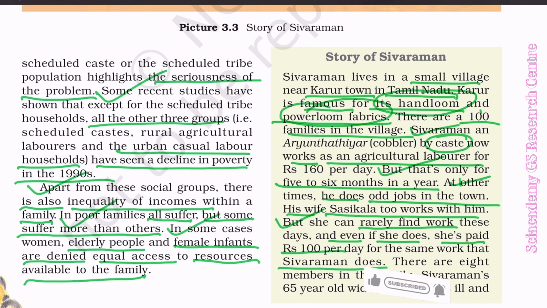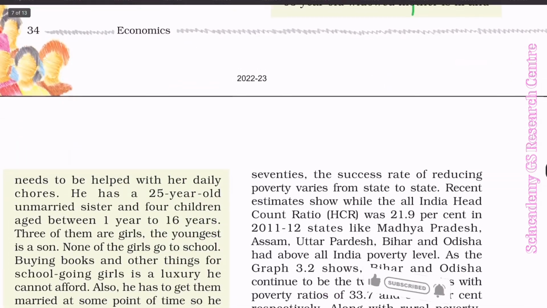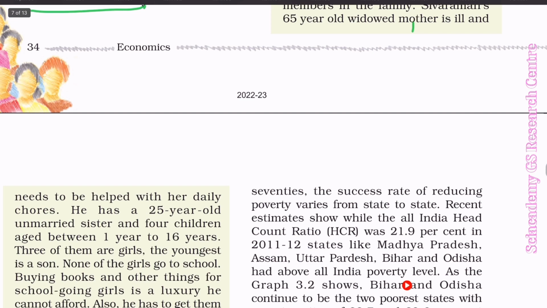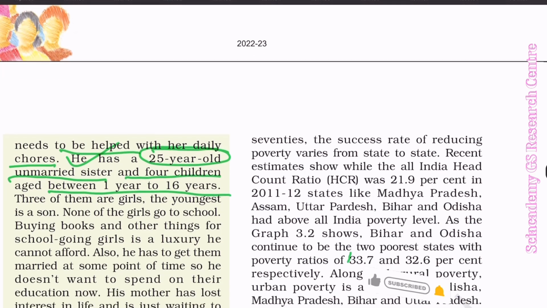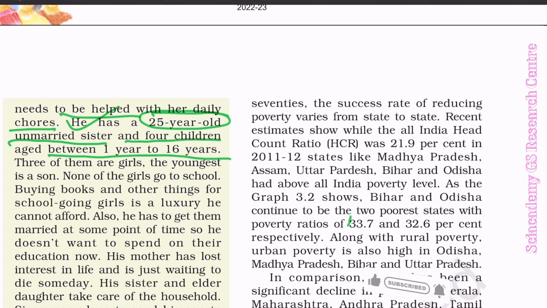There are 8 members in the family. Sivaraman's 65-year-old widowed mother is ill and needs to be helped with her daily chores. He has a 25-year-old unmarried sister and 4 children aged between 1 year to 16 years. 3 of them are girls. The youngest is a son.